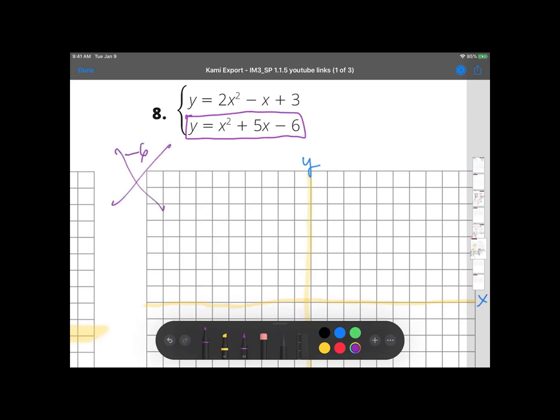A times c is -6, b value is 5, and so this would be -2, two numbers that multiply to be -6. No, wrong numbers. How about +6, -1? That works.